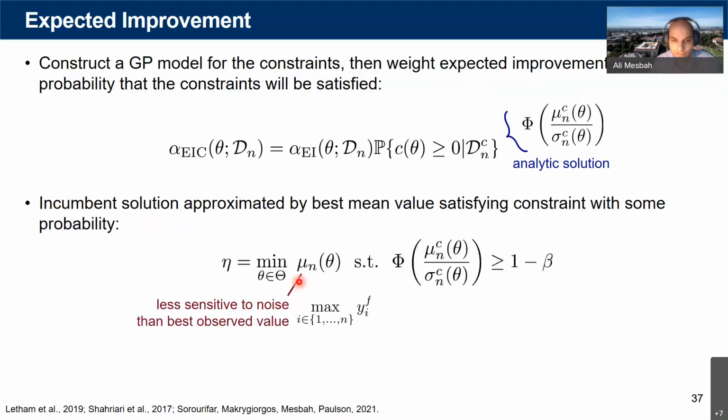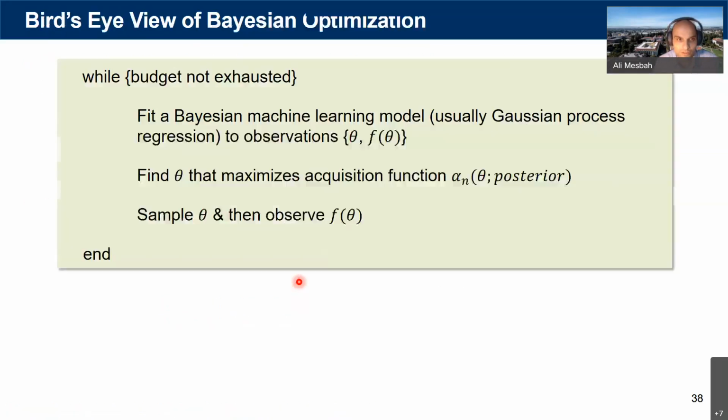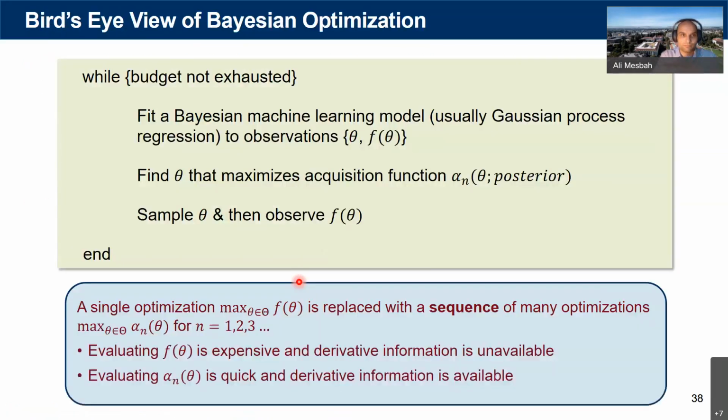So there are many important details, but just to give you a bird's eye view of the algorithm, essentially for some budget that you have allocated for experimentation, either using a high fidelity model or real experiments, you fit some Bayesian surrogate models.